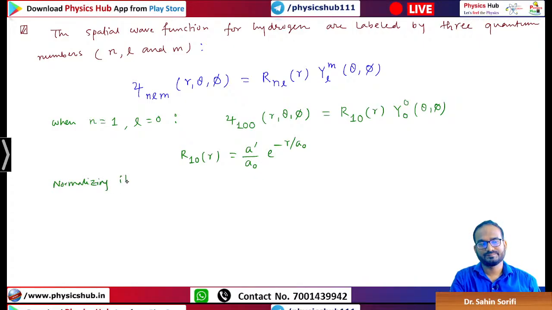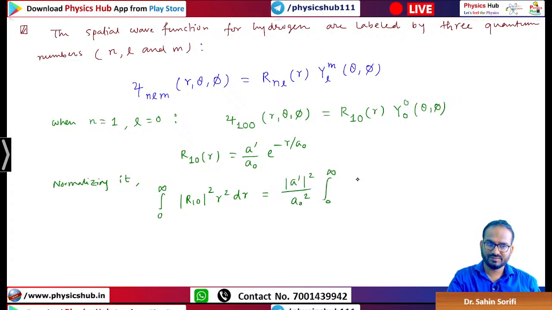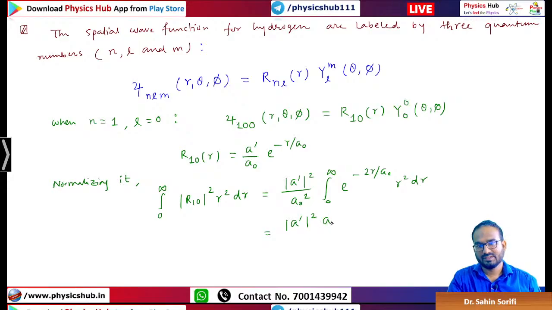Normalizing it, r can run from 0 to infinity, the integral of R 1 0 whole square r square dr. This equals mod A prime square by a naught square, integral from 0 to infinity of e to the power minus 2r by a naught times r square dr. If you calculate this, it gives mod A prime square a naught divided by 4, and this is 1.